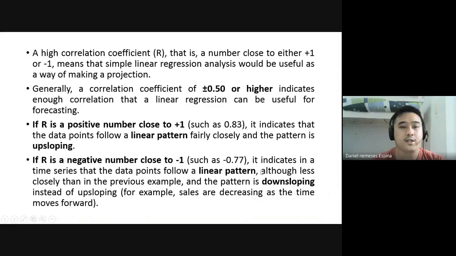If R is a negative number close to negative 1, so let's say negative 0.77, it's a downward slope. So it indicates that the data points follow a linear pattern. So murag line gihapon siya og porma. However, the direction is opposite. So let's say katong sa price o quantity demand.